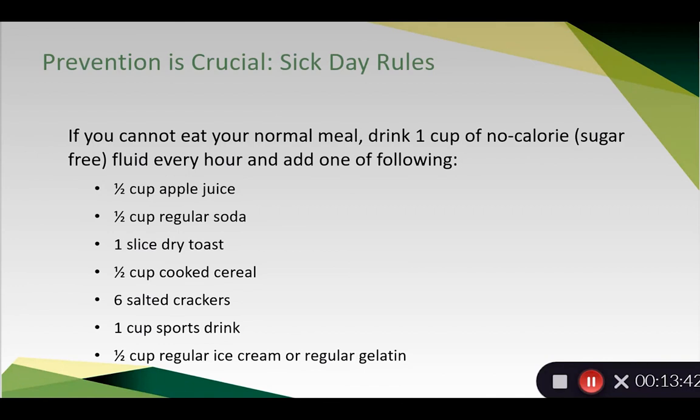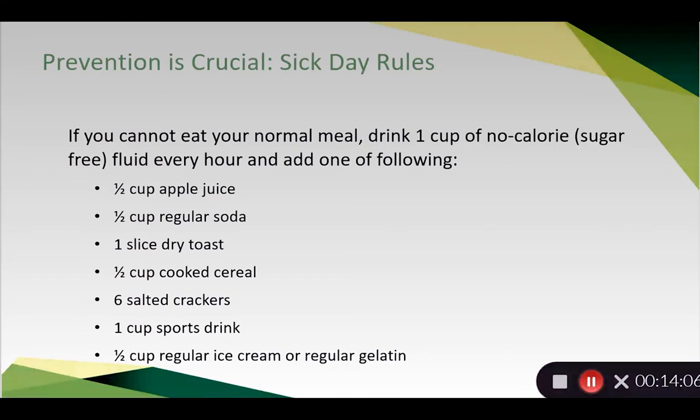If they cannot eat their normal meal, we still want to be sure that they have sugar in some form, okay? And so in addition to the non-caloric fluid every hour, we want to add one of the following. And those items are listed here. This is the calories. So this is the sugar that the body needs. Remember it all the time.